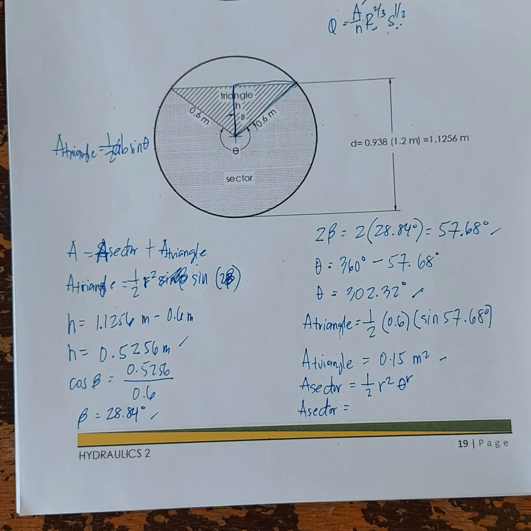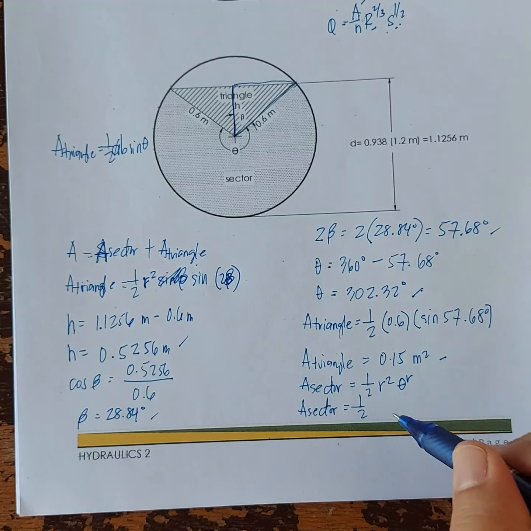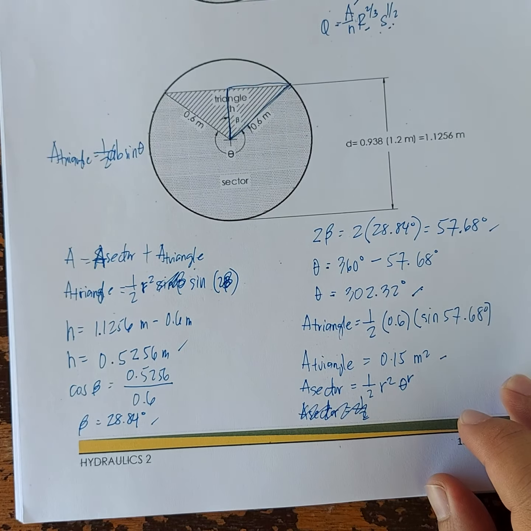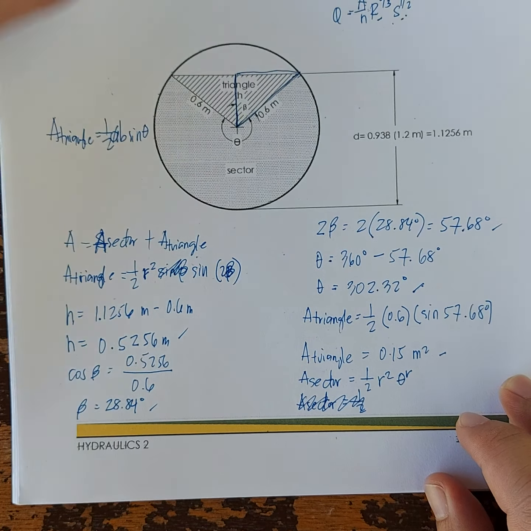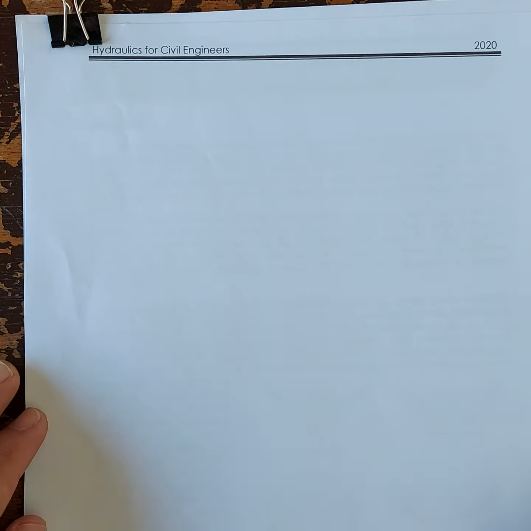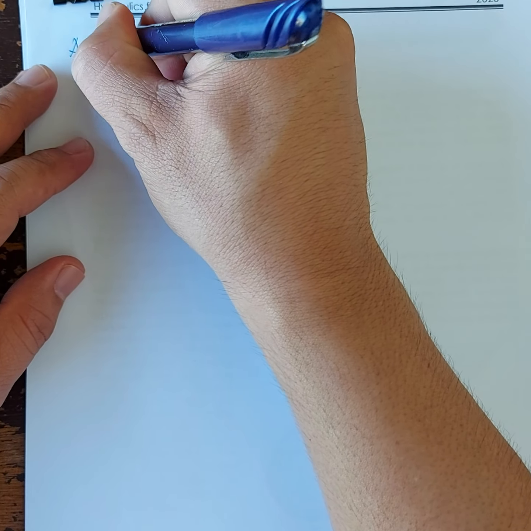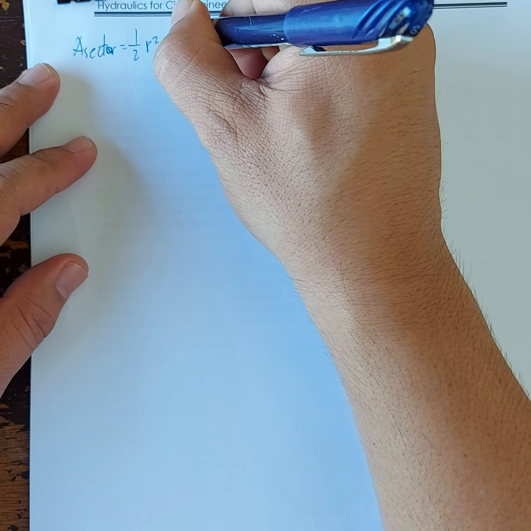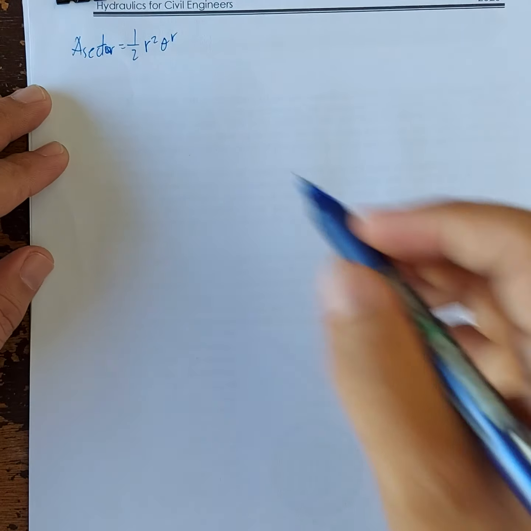Okay. So the area of the sector is equal to 1/2, sa kabilang page na lang. Let's use another page for the succeeding parts of the solution. Okay. So area ng sector is equal to 1/2 r squared theta in radians.